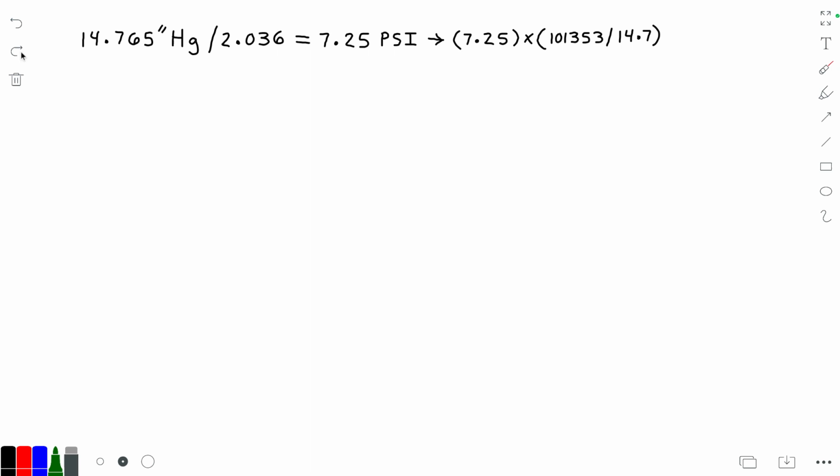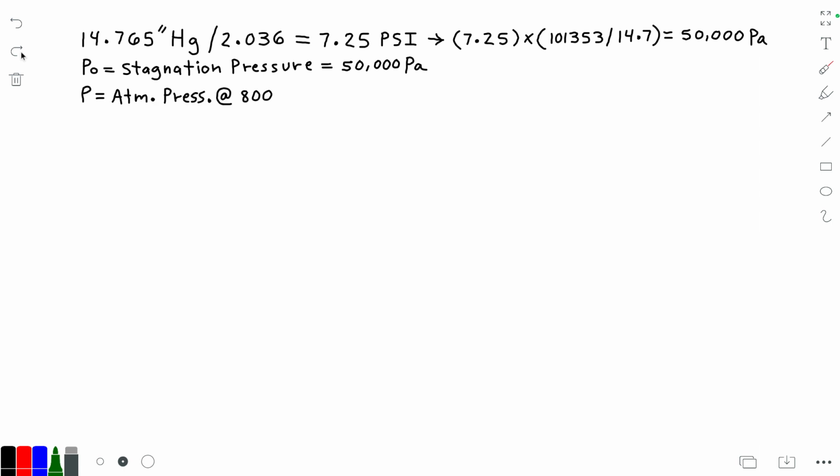We can divide that value into 2.036 to compute 7.25 psi, and then multiply that value times the ratio of 101,353 pascals at sea level divided into 14.7 to compute 50,000 pascals of pressure for the stagnation pressure at the Pitot Tube.